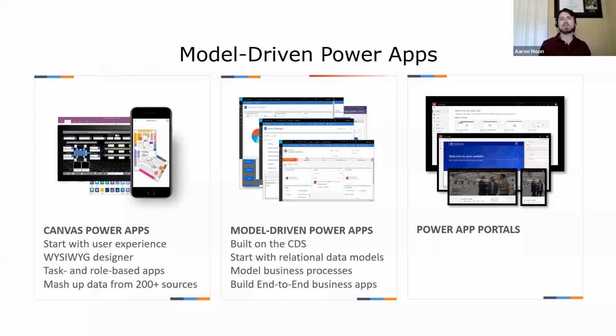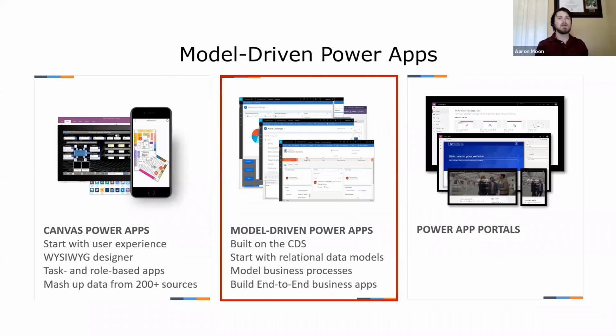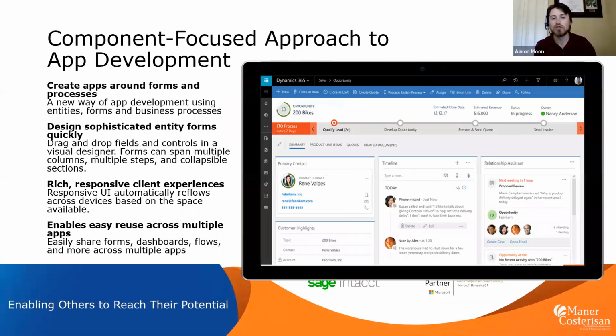So let's look at a little bit more information about these model-driven applications, and see a bigger screenshot here. I've got a screenshot of an example of a model-driven application. Again, these are focused on some bigger pieces, so you're always going to have a menu on the left-hand side.